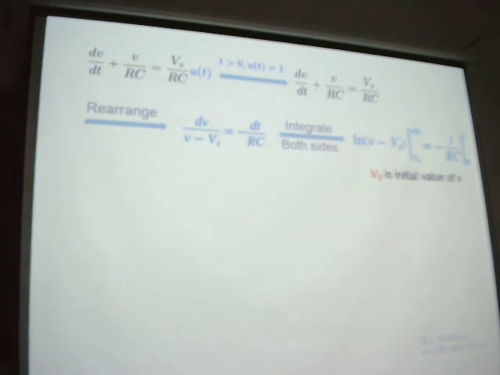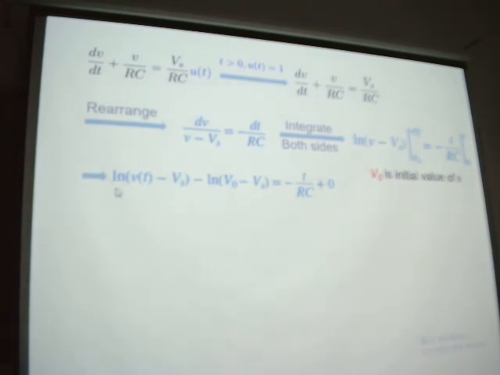Our v0 is the initial value of v. That means when t equals 0, our v is equal to v0. When t is equal to t, the v is equal to v(t). So that gives the upper and lower limits for the integration. Then we put the upper bound and lower bound inside.